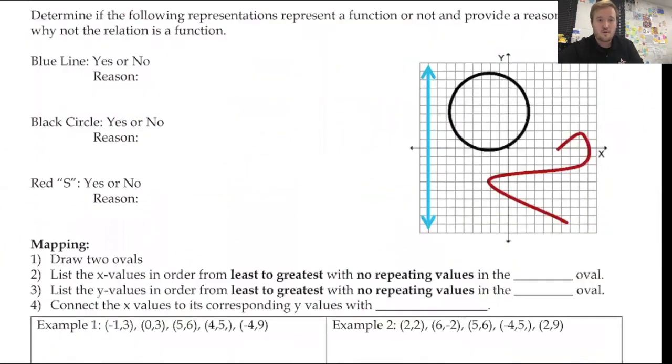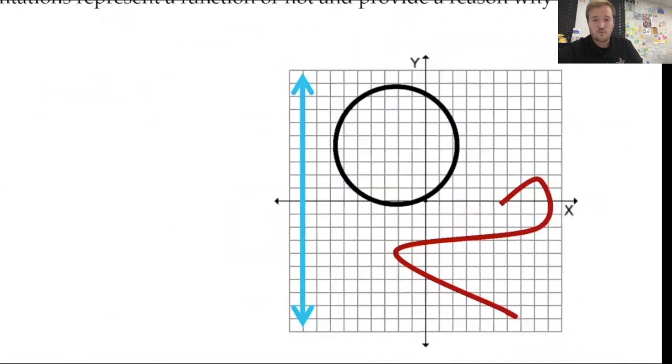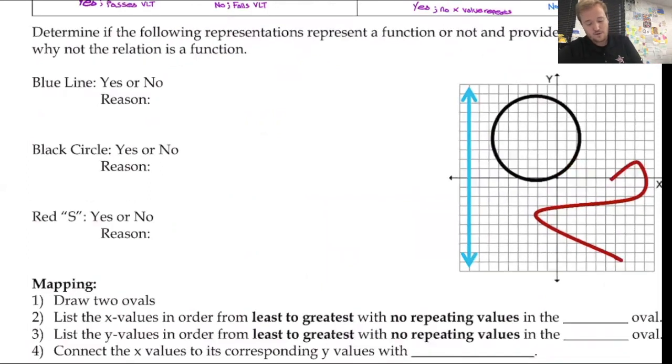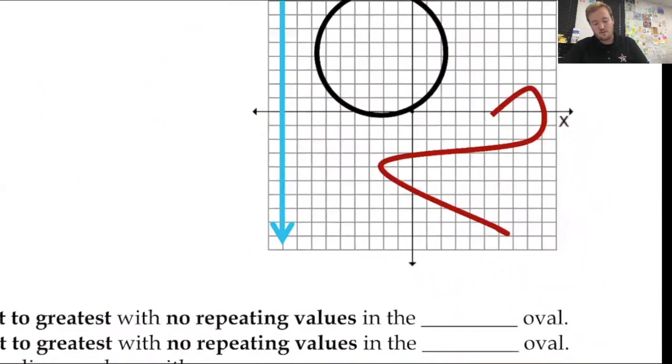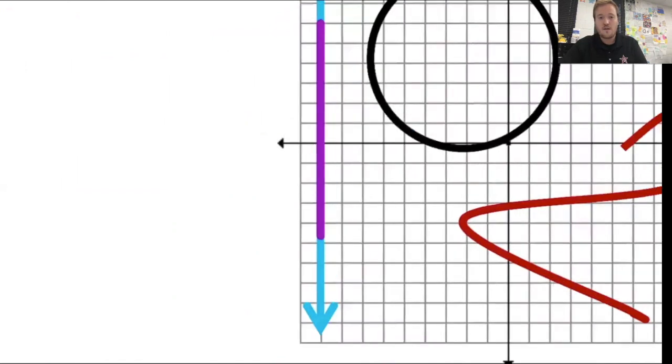All right, more vertical line test practice over here. I gave you these three different relations on the graph, and we want to determine if these are going to be functions or not. Looking at the blue line, let's take the line from up here. This is going to seem kind of weird.